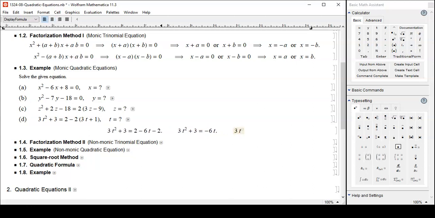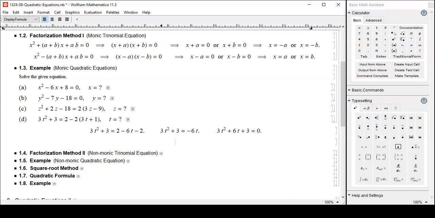So 3t squared plus 6t plus 3 is equal to 0. Okay, all right, let's factor this. But before factoring it, let's simplify first. Divide everything by 3. You're going to get t squared plus 2t plus 1 is equal to 0.